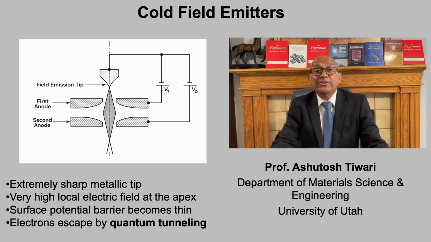But it also makes the emission strongly dependent on surface condition and vacuum quality. With this qualitative picture in mind, we can now look more closely at how strong the field must be and how the potential barrier changes to enable electron emission.